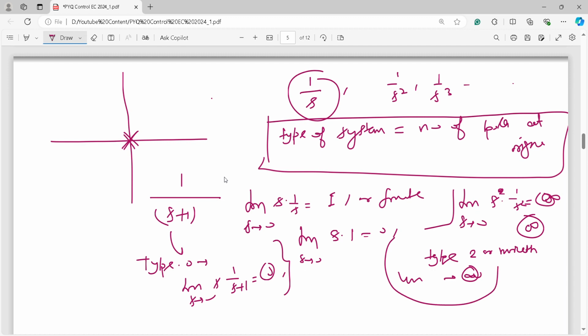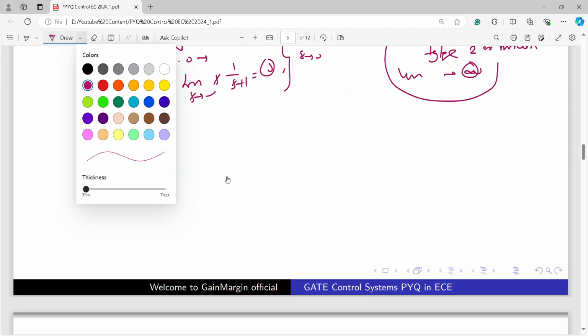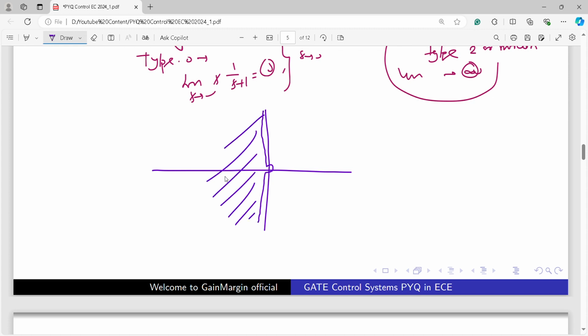So here we can see the reason why we can apply the final value theorem. This region, including the origin poles and the left half of the s-plane, here we can apply the final value theorem.